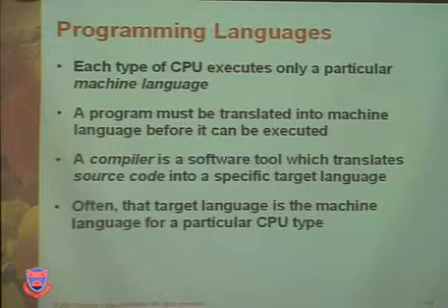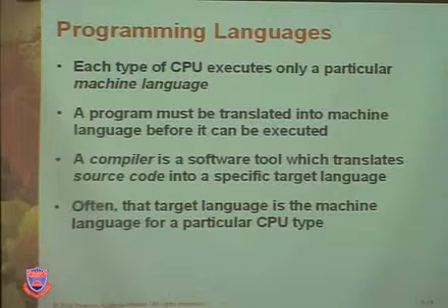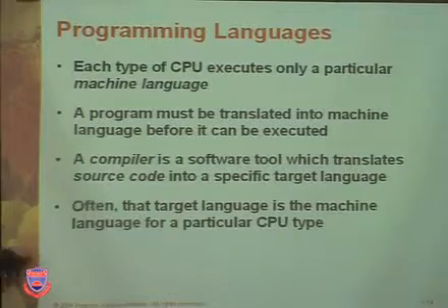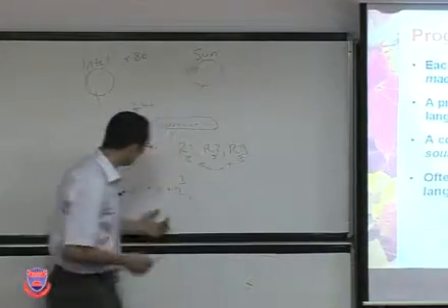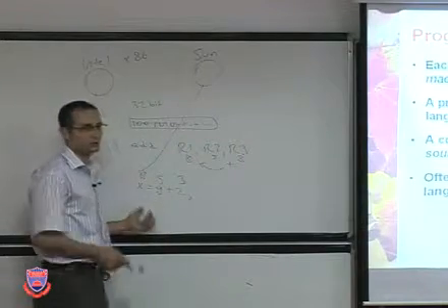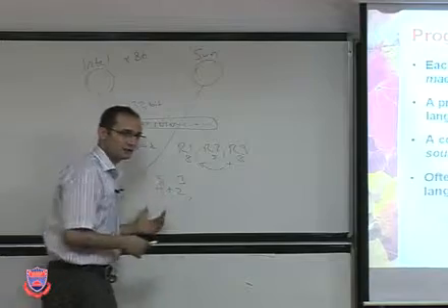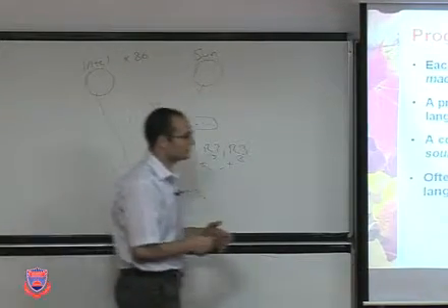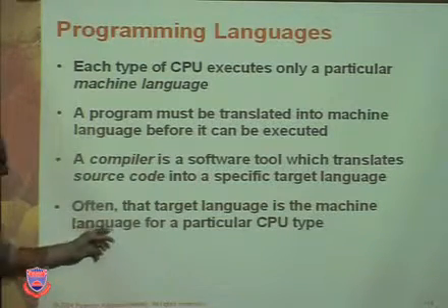So again, each type of CPU executes a single type of machine language, and then you have to translate your code into the machine's language, and to do that we use a compiler, which is software that checks, hey, you have written x equals y plus z, then I'm going to convert this to the corresponding ones and zeros. So it analyzes the code and then converts it into the binary form to be able to be executed in the machine itself.